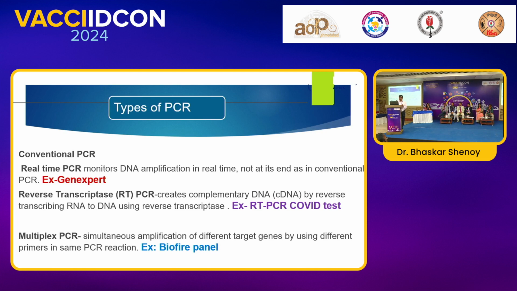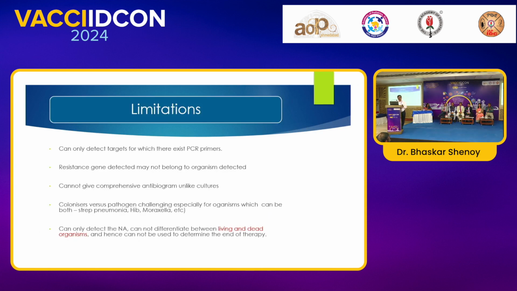Then there is RT-PCR, where reverse transcriptase enzyme converts RNA to DNA, especially for RNA viruses. And there is multiplex PCR, like BioFire, used on CSF or other body fluids like bronchoalveolar lavage. There are many more terminologies which I don't want to confuse, but if you remember these basic 3-4, that is more than enough.